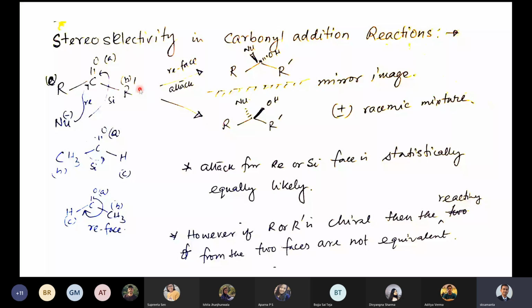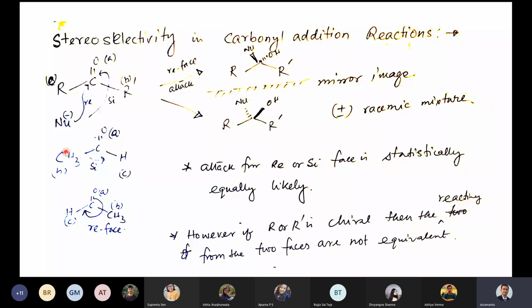If there are three different groups, in other words, if this center is a chiral center, then its chirality will have an impact on the reactivity of this carbonyl compound. The nucleophilic attack from the Si phase or the Re phase will depend on the chirality present in the center. That is exactly where our session begins.